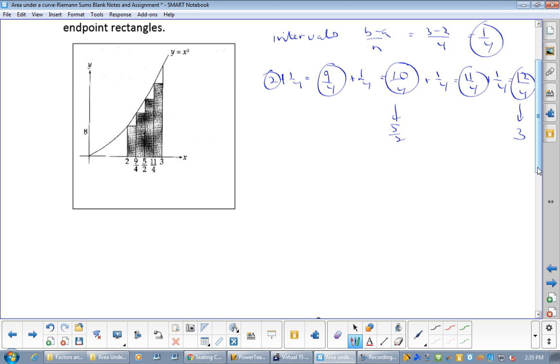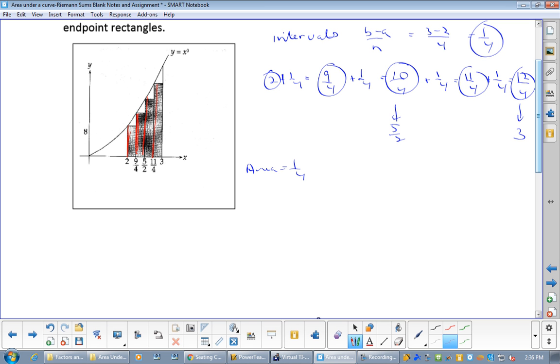Okay, how do we find our area? We need width times length, right? So area equals, our width is 1/4, and what's our height at? We're going to be doing y0, then y1, then y2, and then y3.